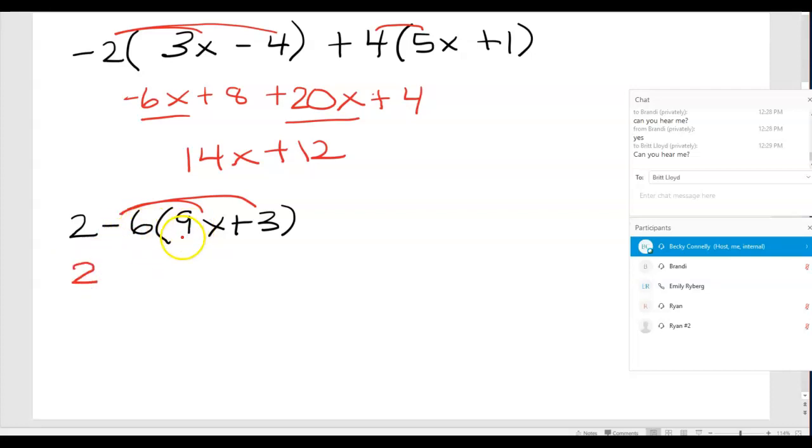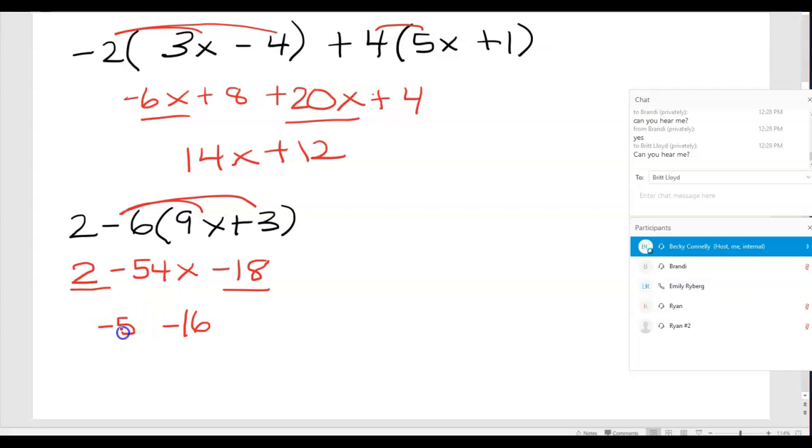And then what's negative 6 times 9x? And then we've got the negative 6 times 3 gives us the negative 18, or minus 18. And then we can just combine our like terms together. So 2 minus 18 gives us negative 16. And then the x doesn't have anything.